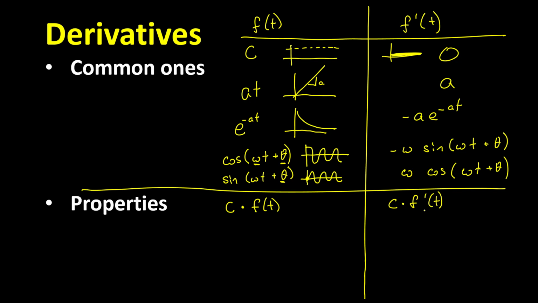So as an example, if you had 2 e to the minus 3t, the derivative of that would be 2 times minus 3 e to the minus 3t. The next is the rule for summing functions. If you sum an f of t plus a g of t, the derivative is just the sum of the derivatives.